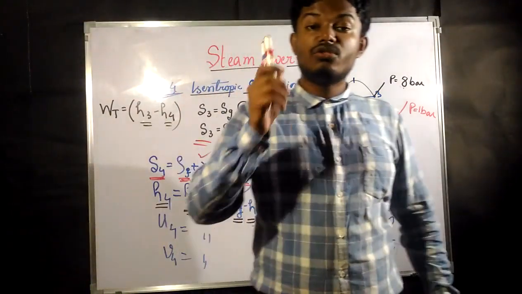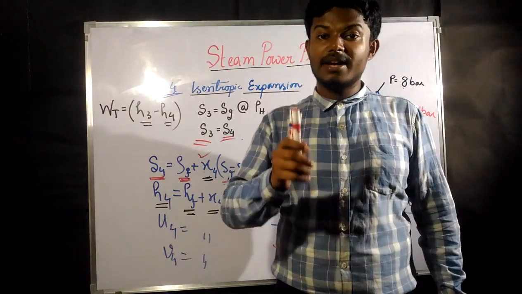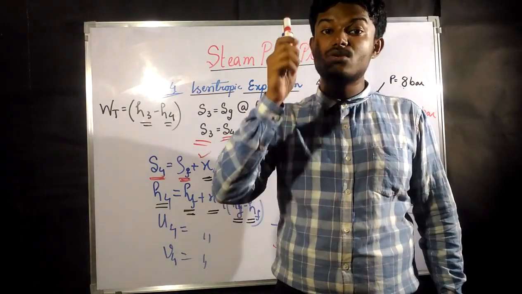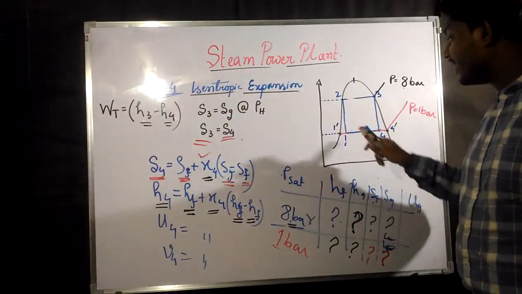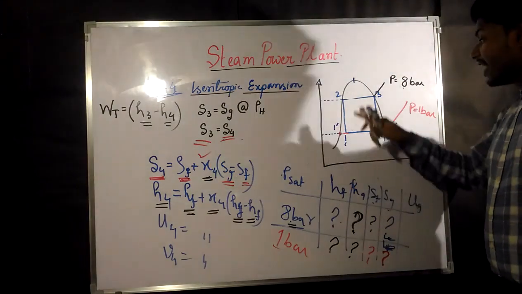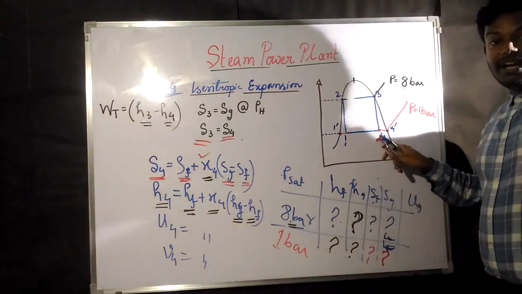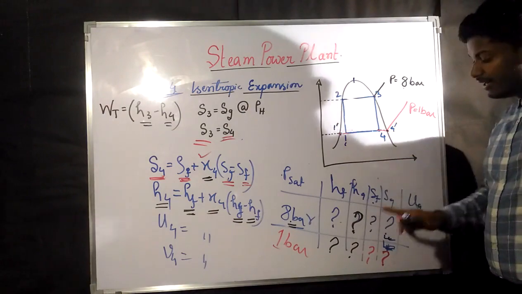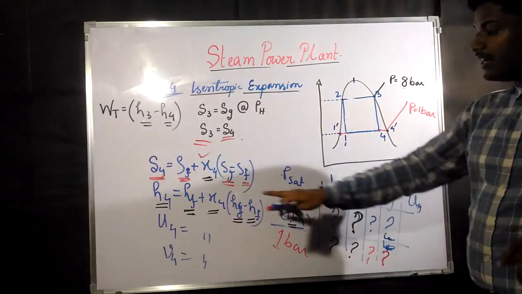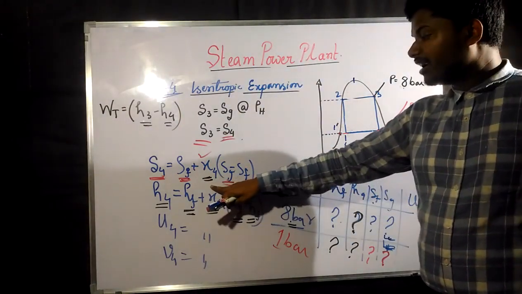So to find the work done by turbine, we need the enthalpy difference. And to find the enthalpy at a point inside the vapor dome, you need the dryness fraction. And how to find the dryness fraction?